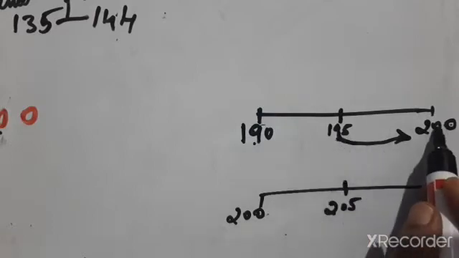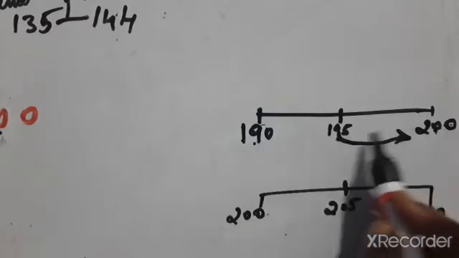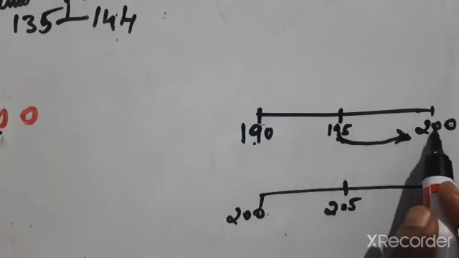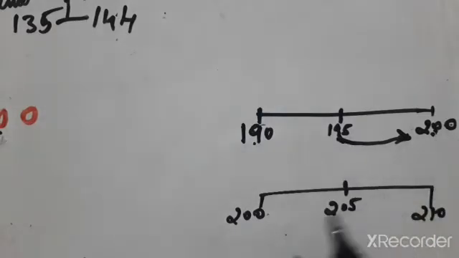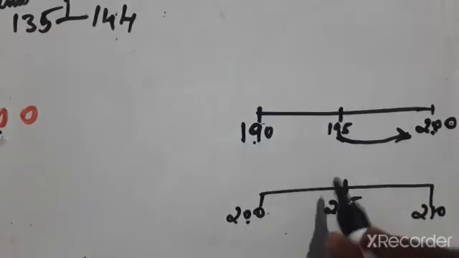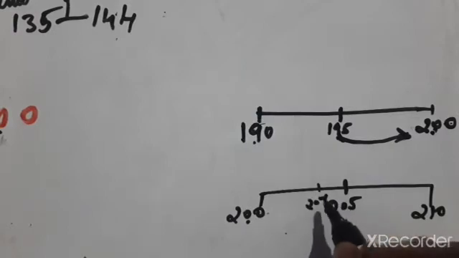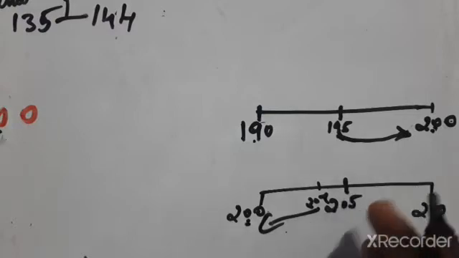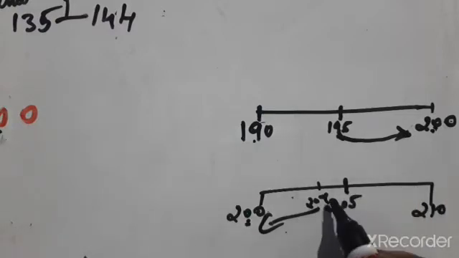From 190 to 200, the numbers rounded to 200 are 195 to 199, or 195 till 200 rounded to 200 only, and 200 to 204 rounded down to 200. 205 is the exact middle, and before that 1, 2, 3, 4 round down.